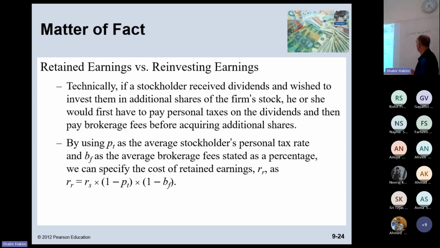Think this way, suppose the cost of equity is say 14%. Suppose the tax rate for the person is say 30%. And assume the brokerage fee he is going to pay is say 2%. What is his actual return on this?